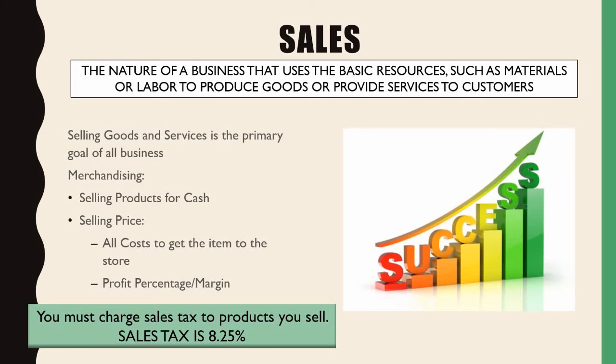Again, taxes are based on the state that you're doing business in as well as the local city and county that you are providing a product to. So the sales tax will vary, and I want to use 8.25%.